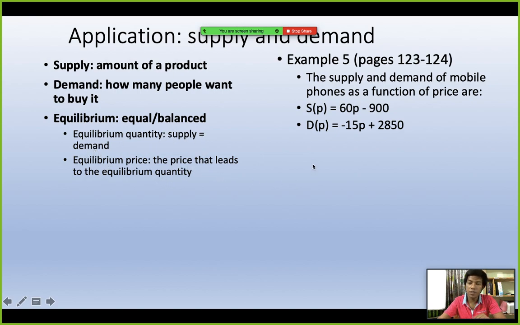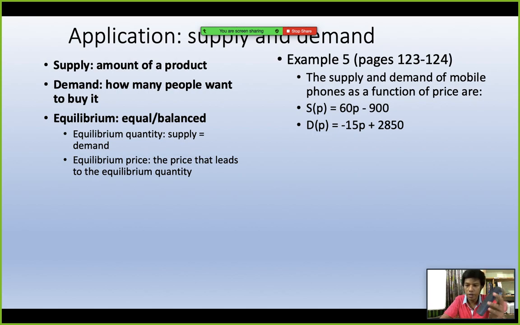Equilibrium price means the price at which this happens. There is another interesting thing about the equilibrium price. Not only do supply and demand have to be the same, the equilibrium price also matters.